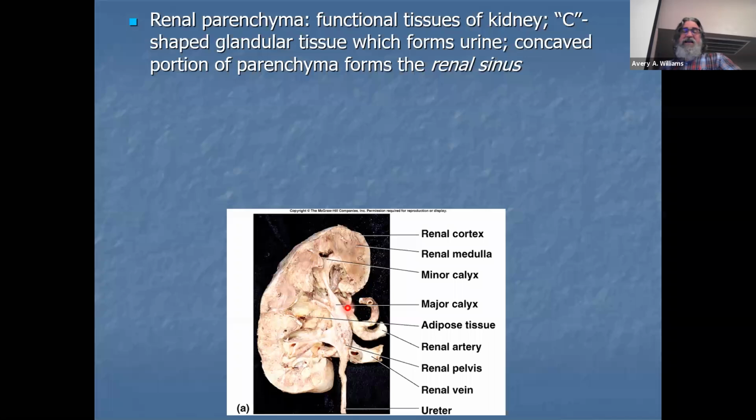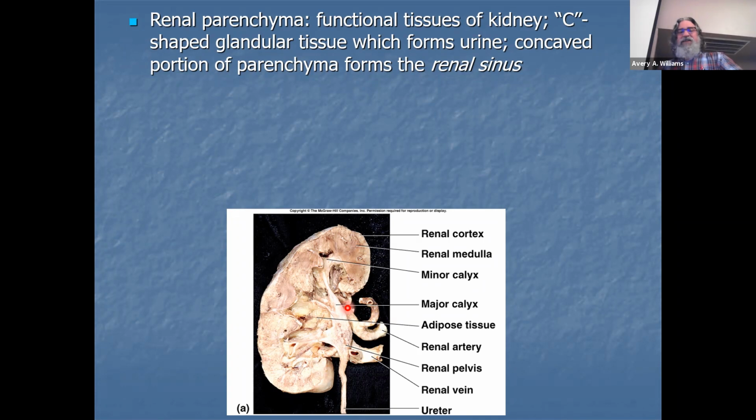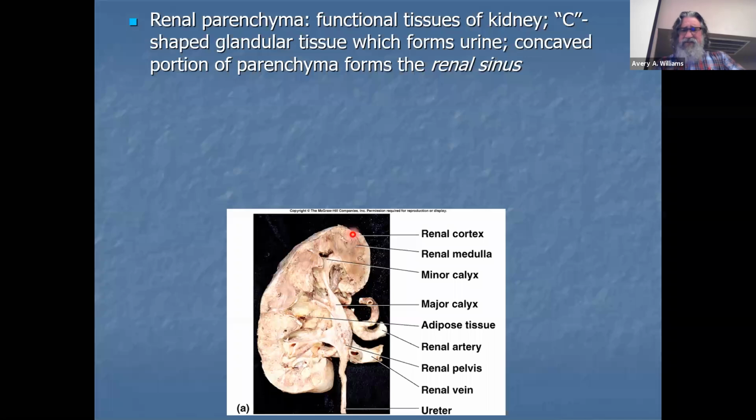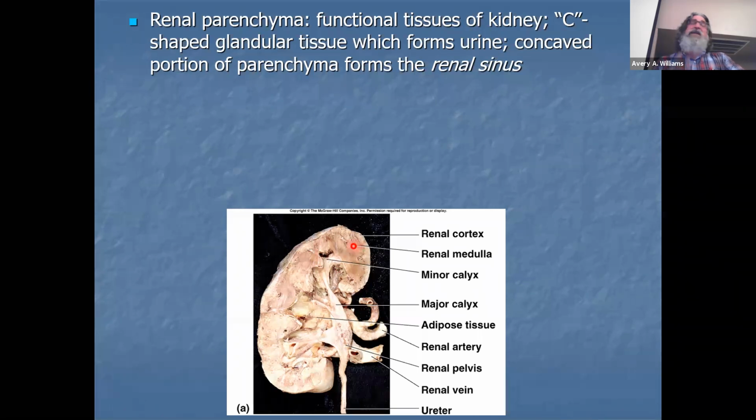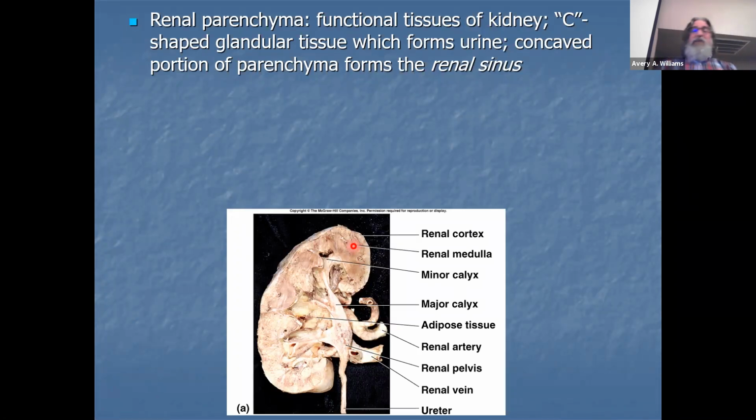I think I've included this so you can appreciate our models and our images that we use to teach with, because if you didn't have those models and images, you would try to figure out something by looking at this. It looks terrible. So this is the kidney. It's like what a real kidney looks like, but it's not a fresh kidney, it's a preserved kidney. But anyway, the parenchyma.